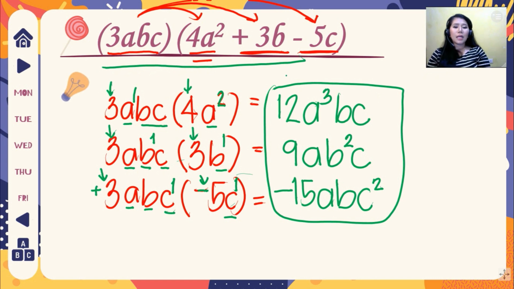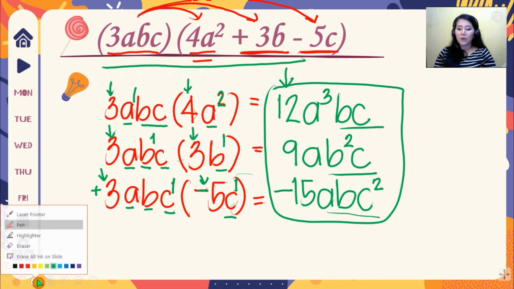Besides, hindi talaga natin pwedeng mai-plus to. Kita nyo naman to. Ito ay a cubed bc. b squared c. abc squared, magkakaiba sila ng literal coefficients. Hindi mo sila pwedeng plus lang ng ganun ha. That is wrong.